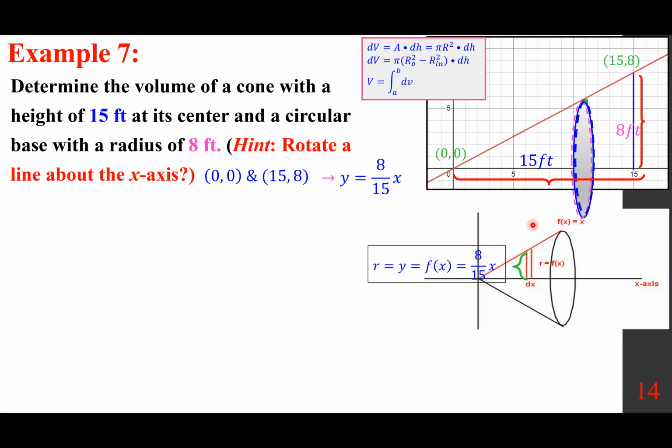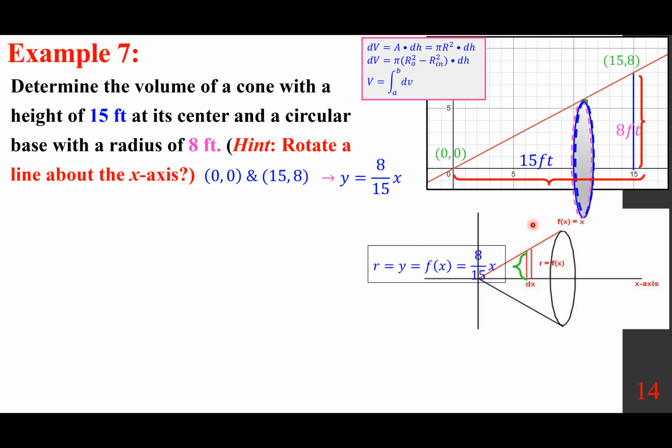The y coordinate of this point gives us this r equals f of x or y coordinate, which is 8 over 15 x. And we are going to move this along the x-axis from here to here. That means from 0 to 15. So pi times this 8 over 15 x quantity squared times dx from 0 to 15.